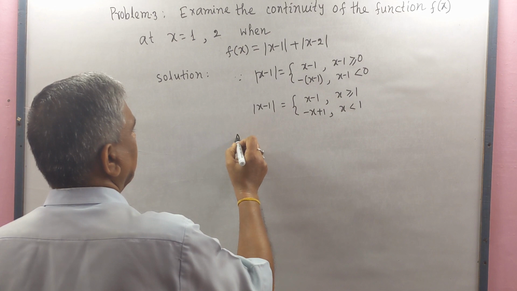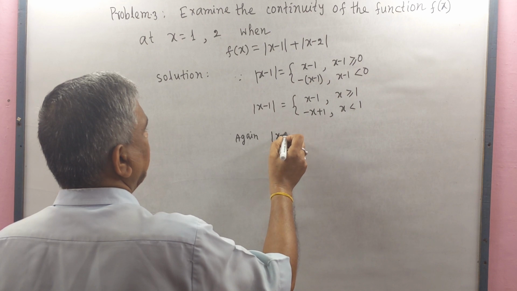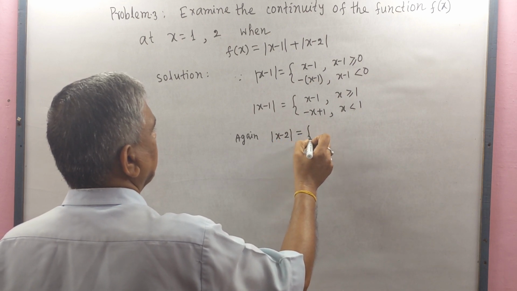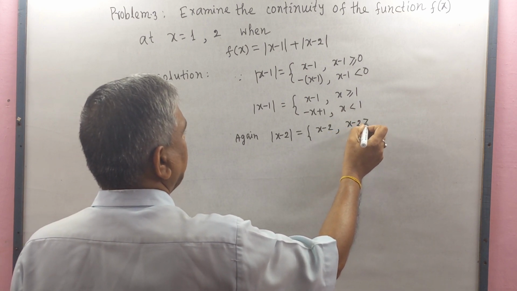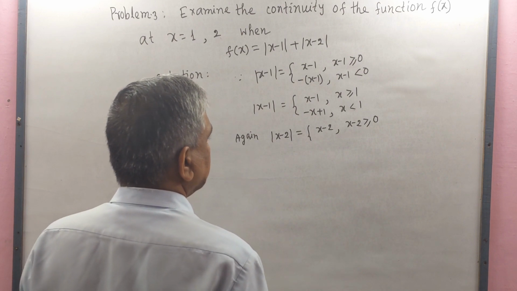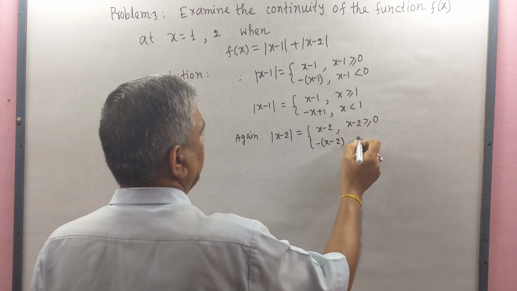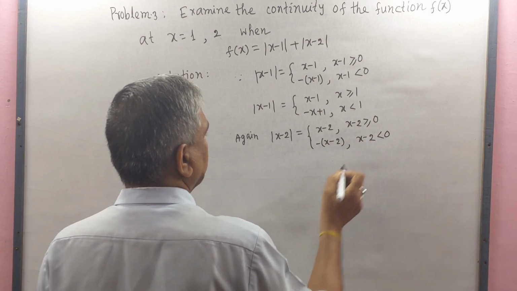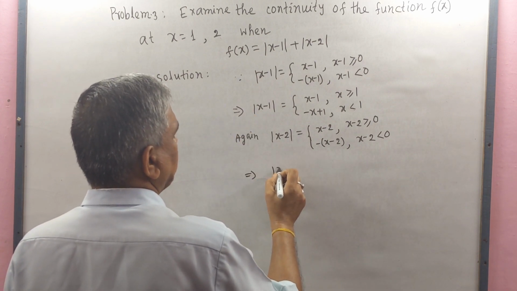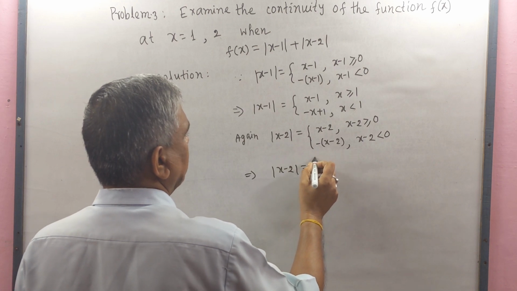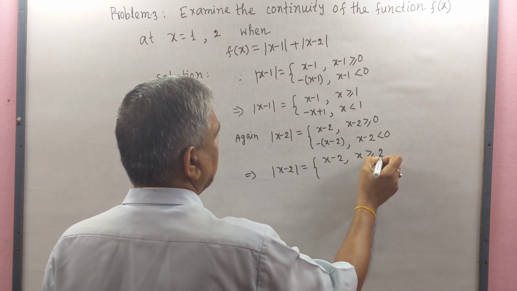Again, modulus of x minus 2 equals x minus 2 for x minus 2 greater than or equal to 0, and minus (x minus 2) for x minus 2 less than 0, implies that modulus of x minus 2 equals x minus 2 for x greater than or equal to 2.